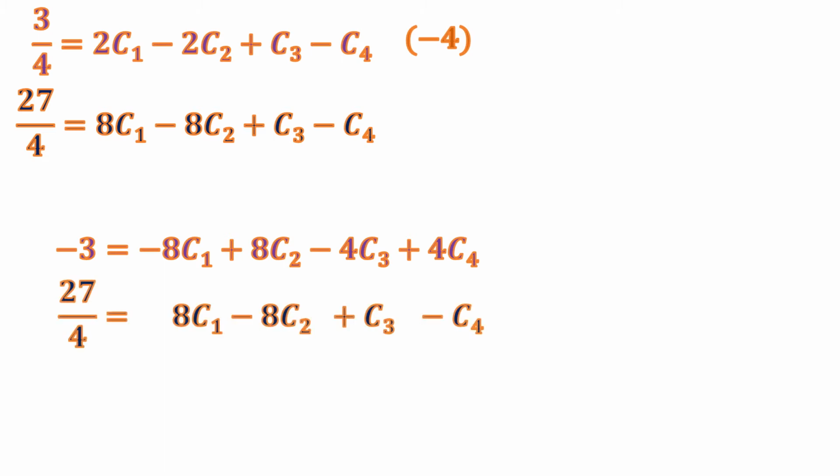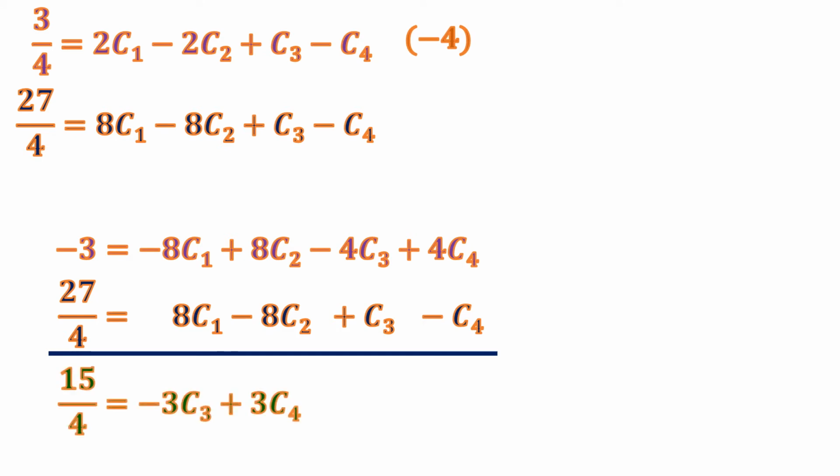Then copy the blue equation and then combine. If you combine -3 and 27/4, it will be 15/4. And then combining c1 and c2 will be 0. And combining -4c3 and c3 is -3c3. +4c4 and -c4 is +3c4.